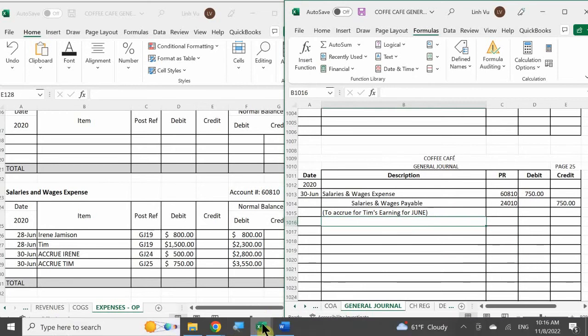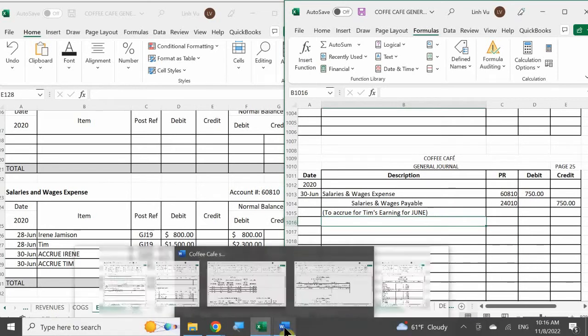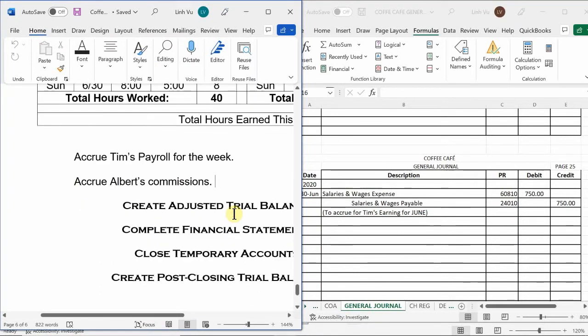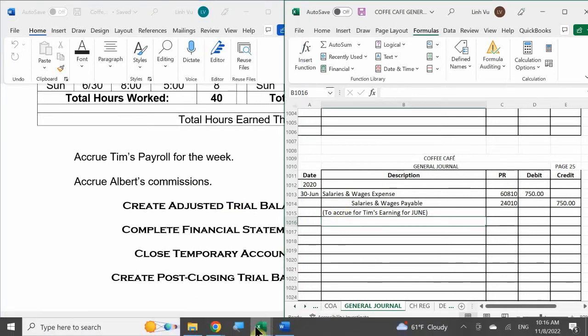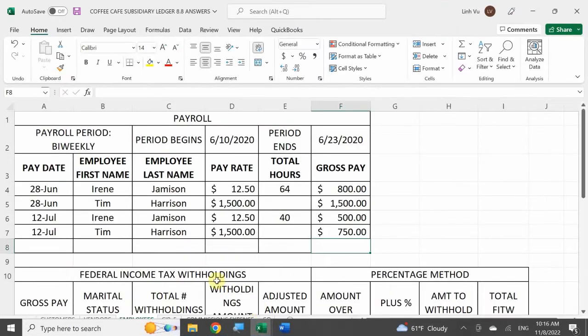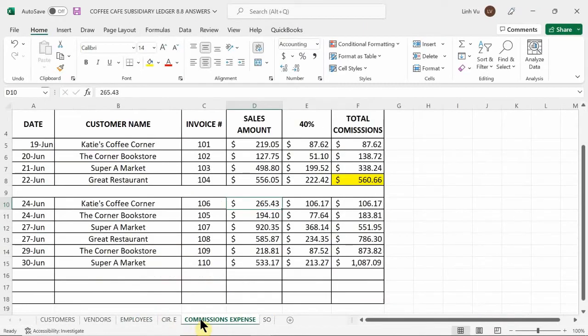All right. So let's see what is next. The last thing we have to do is accrue for Albert's commissions as well, and then we can complete our adjusted trial balance. So let's take a look at Albert's commissions. Go to the commissions sheet.